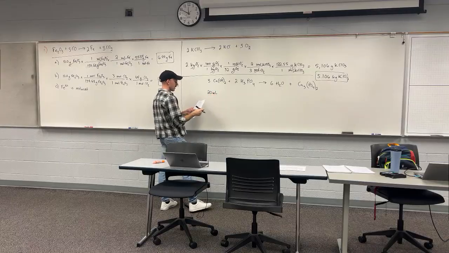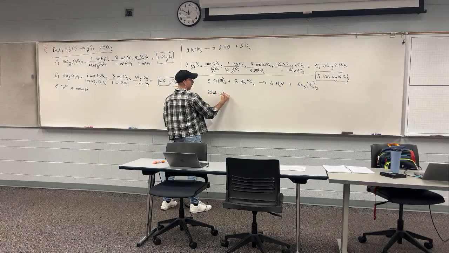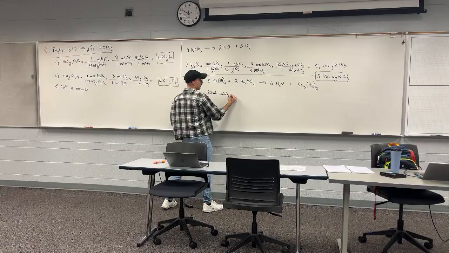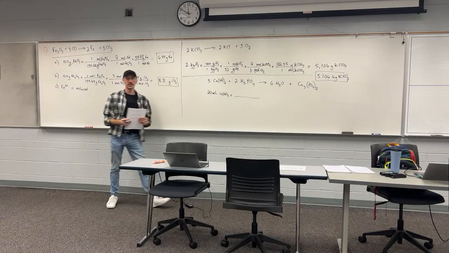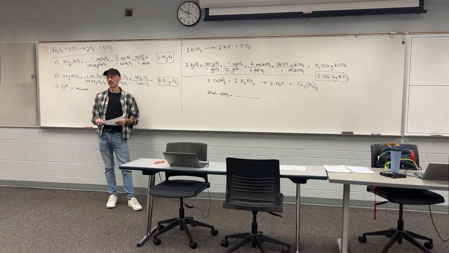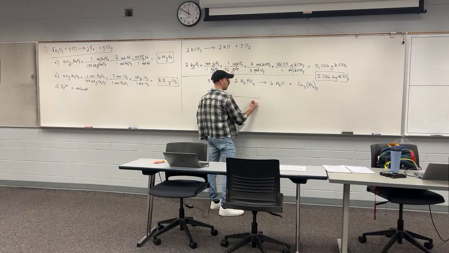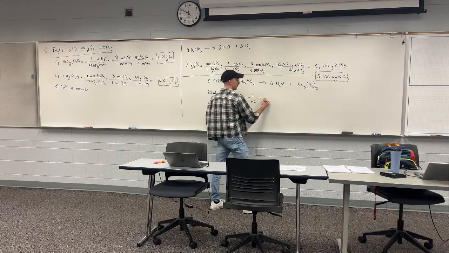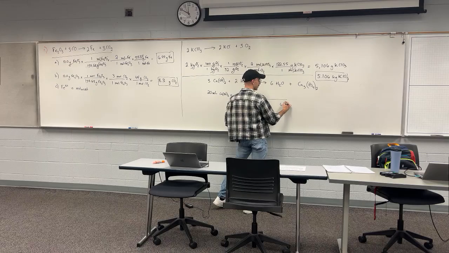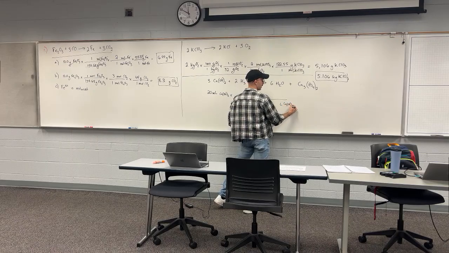20 mL of the calcium hydroxide. What conversion factor can I put in that has milliliters? Well, nothing. So I'll convert from milliliters to liters. And then I can cancel liters of calcium hydroxide with moles of calcium hydroxide.